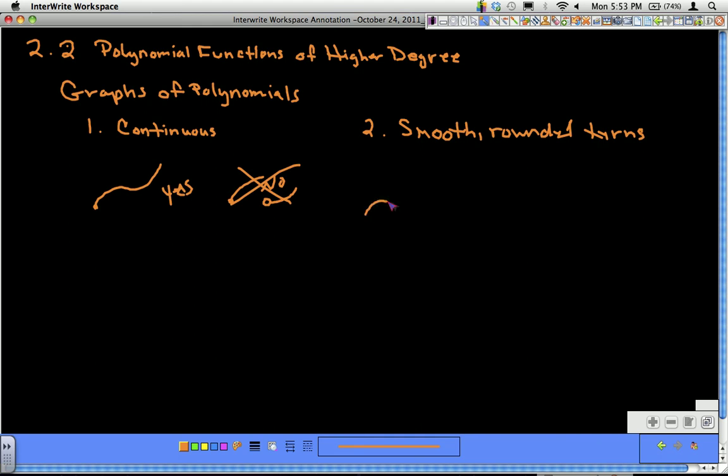So smooth rounded turns. In other words, turn here, it's a curve, it's smooth, it's rounded, compared to something like an absolute value. So this would be a yes, this would be a no. In other words, if we're dealing with polynomials, that's going to be a couple of them.